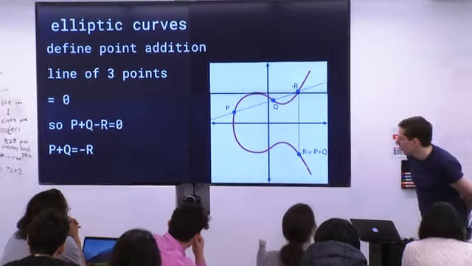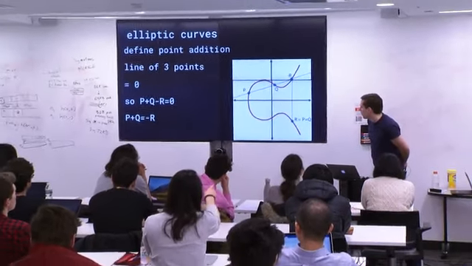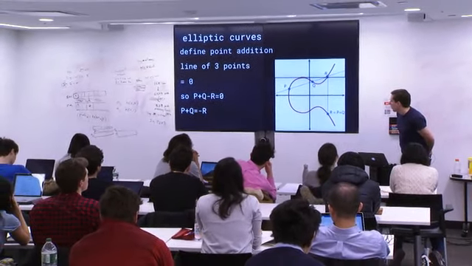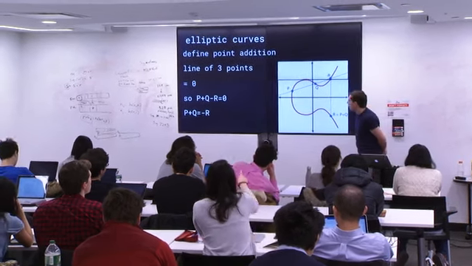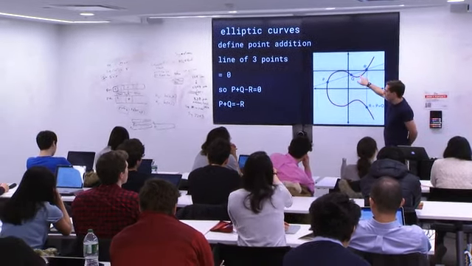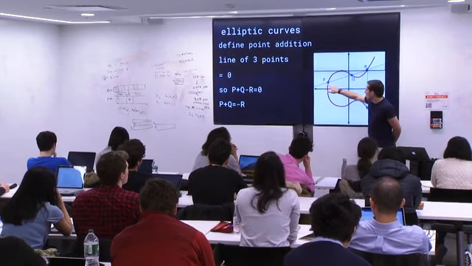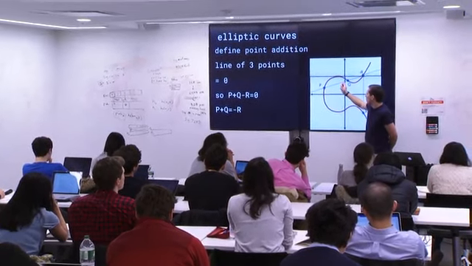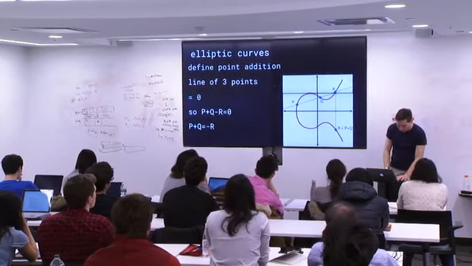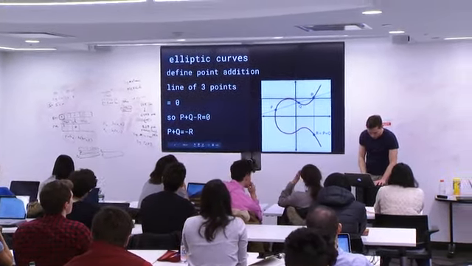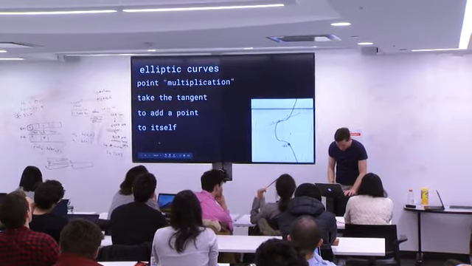Yeah? P plus Q equal to negative R, should it be positive R? No. But in this case, R is up here, right? Wait, hold on, because these equations are inconsistent. Oh, shoot, sorry. P plus Q equals R, right. Sorry, never mind.